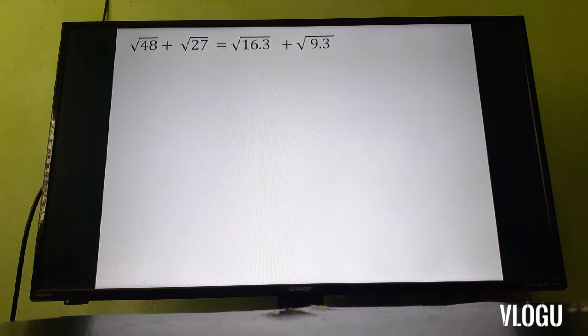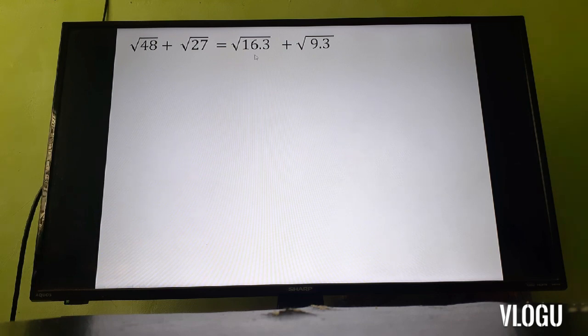For our next example, I have here the square root of 48 plus the square root of 27. So, factor out po natin yung 48, that is equals to 16 times 3. And the square root of 27, that is equals to 9 times 3.